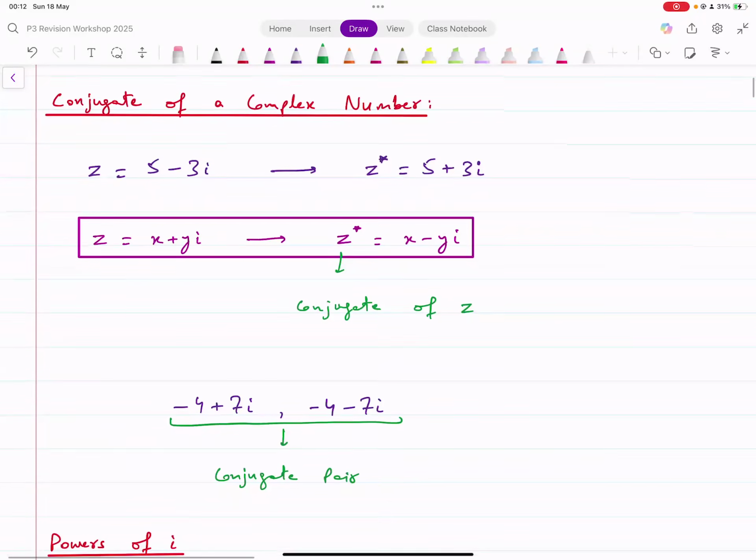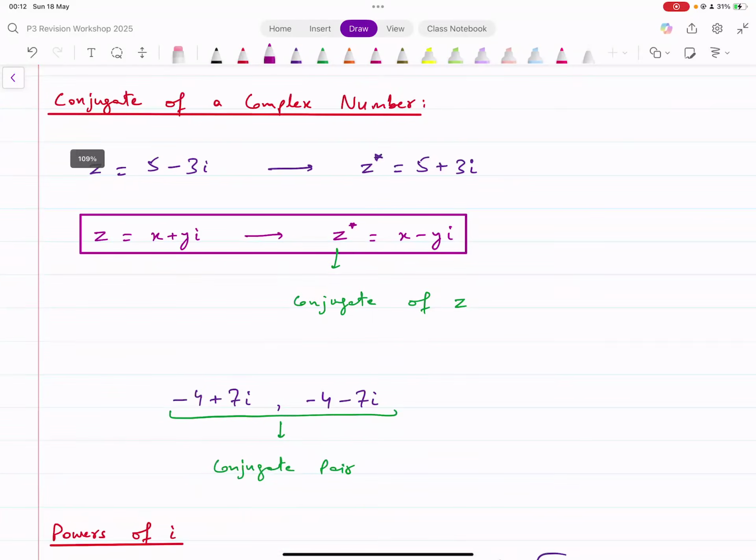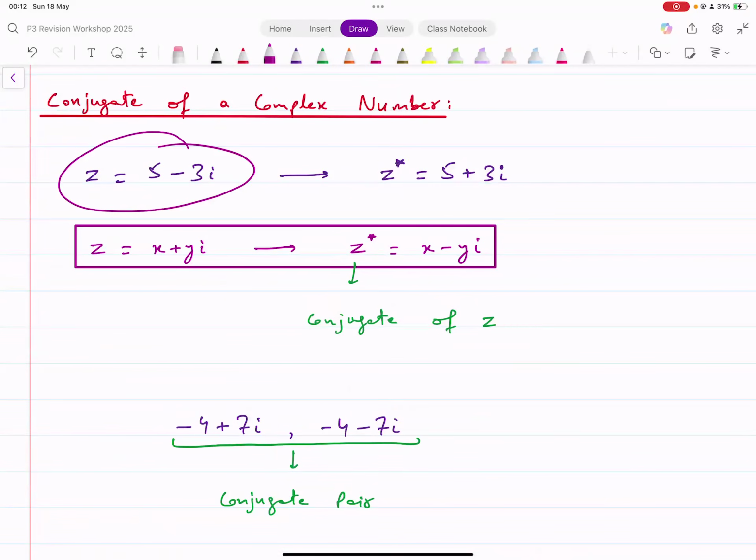Now, we have another terminology that we call the conjugate of a complex number. If you have a complex number like 5 minus 3 iota, there's another complex number defined corresponding to that, and that's 5 plus 3 iota. We say that's the conjugate of this number z. It's denoted by the notation z star, z asterisk.